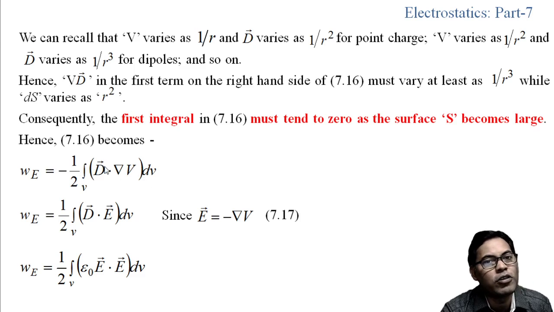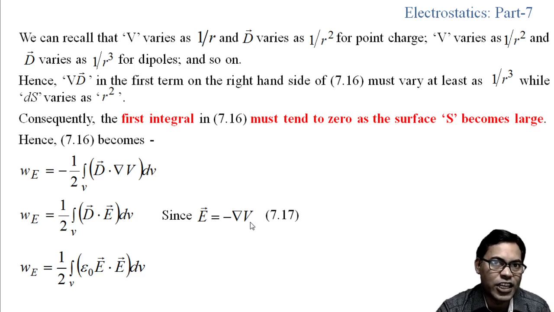Now we know D equals epsilon naught E, and before that we know that E equals minus grad V. We have seen in the last lecture the relationship between the electric field intensity and the potential.